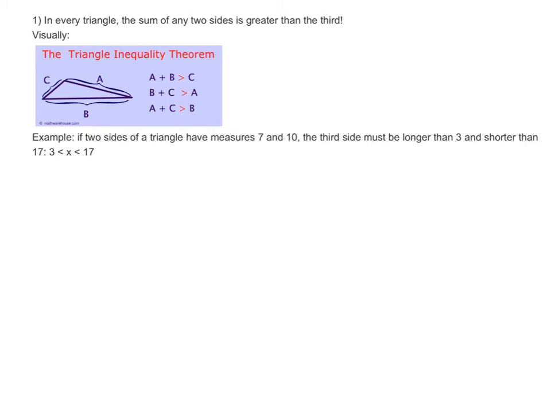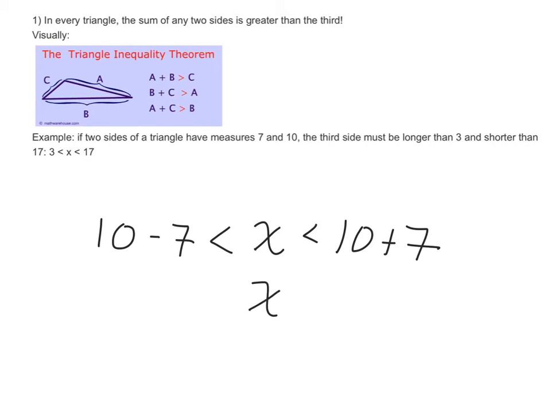A common question that's asked on problems is, if you know two sides of a triangle, for example, say they measure 7 and 10, what are the possible values of the third side? Well, we know that the third side has to be sandwiched between two extreme values. So I'm going to label the third side x, and it has to be less than the sum of those two sides, if it's the largest side, and it has to be greater than the difference of the two sides, if it's the smallest side.